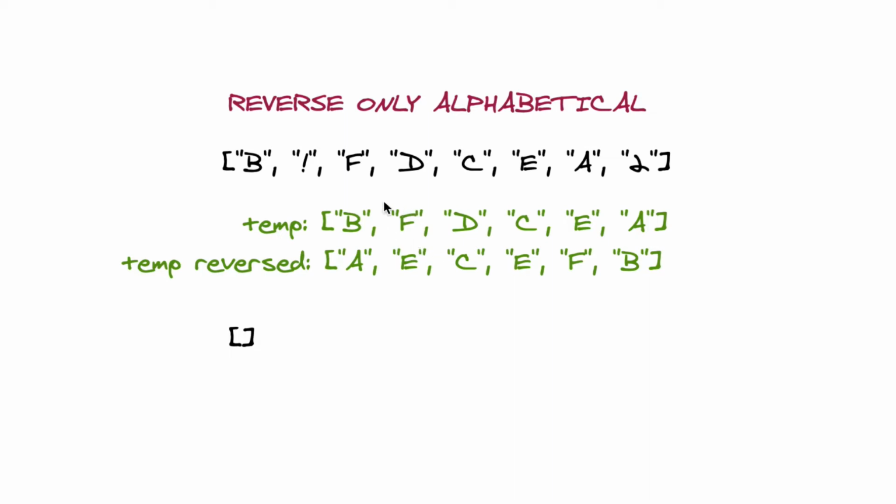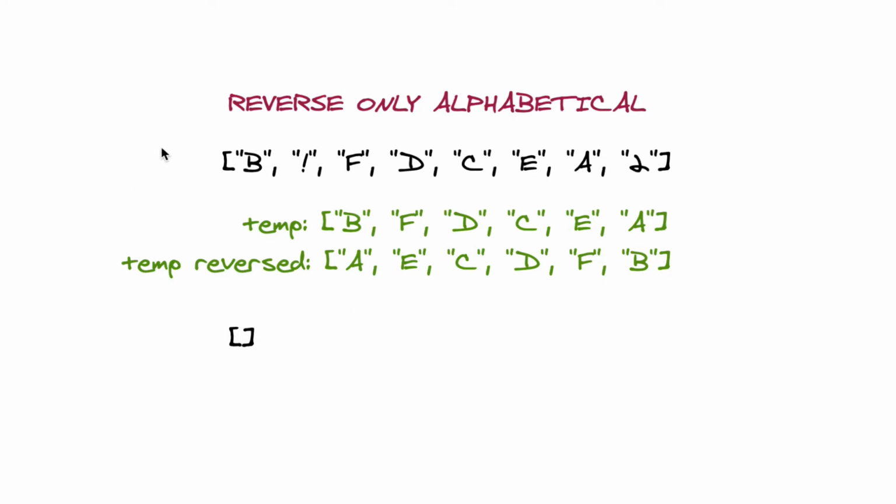Because we want them reversed, we can just reverse the temporary array. So B, F, D, C, E, A gets reversed, and we end up with A, E, C, D, F, B.